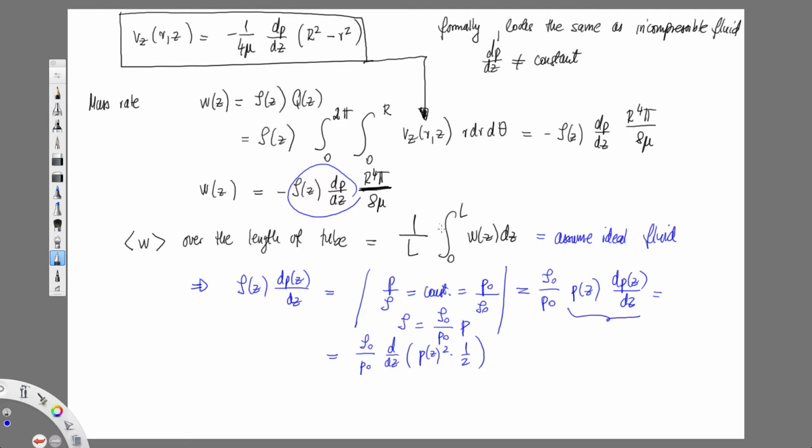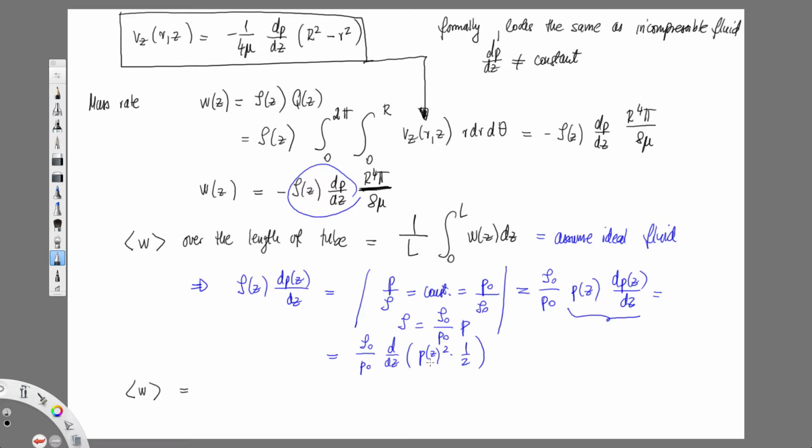Then my integration becomes simpler. So when I go back to my w and integrate, this r to the 4 over 8 mu remains the same.